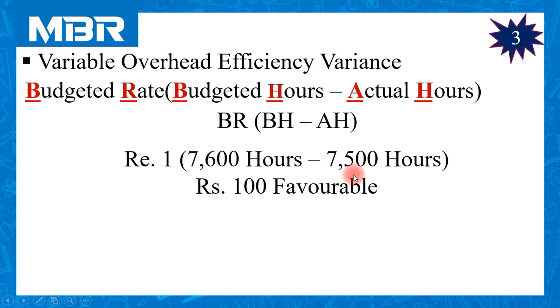So we can say that we have allotted 7,600 hours to complete the work, but we have actually taken 7,500 hours in order to complete the assigned work. So we have taken less hours. When we have taken less hours, it means the rate of our efficiency is higher, and higher efficiency always affects profitability in a positive way. So the difference is rupees 100 favorable.